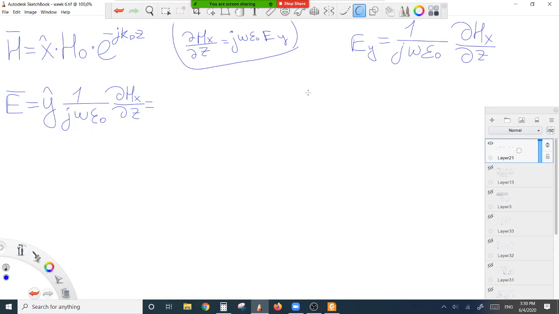If we look at the phasor form of H, this component is Hx, so we need to take the derivative of this with respect to z.